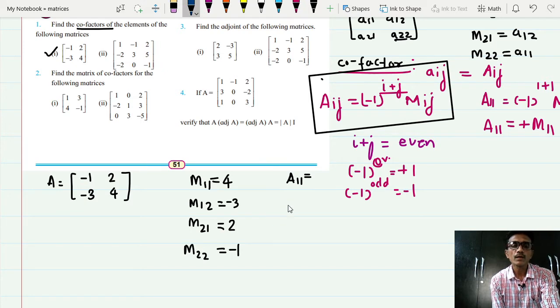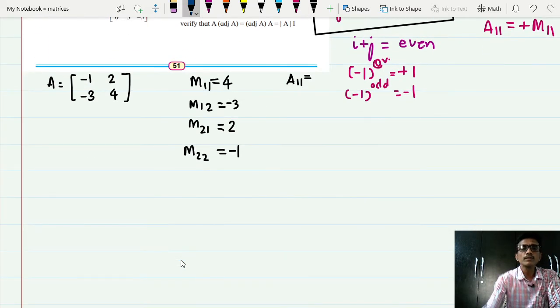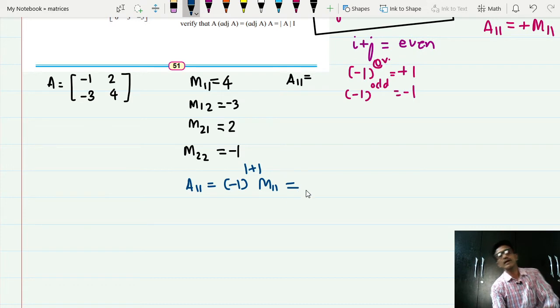So here we find all cofactors now. A11 is equal to minus 1 raised to power 1 plus 1 into M11 according to the rule. That will be minus 1 squared, ये plus 1 होगा, which is equal to M11.